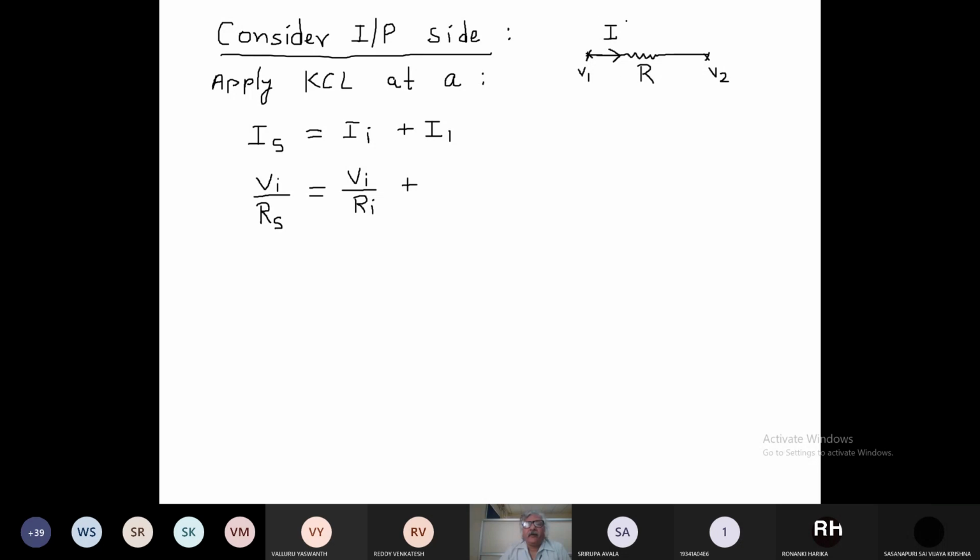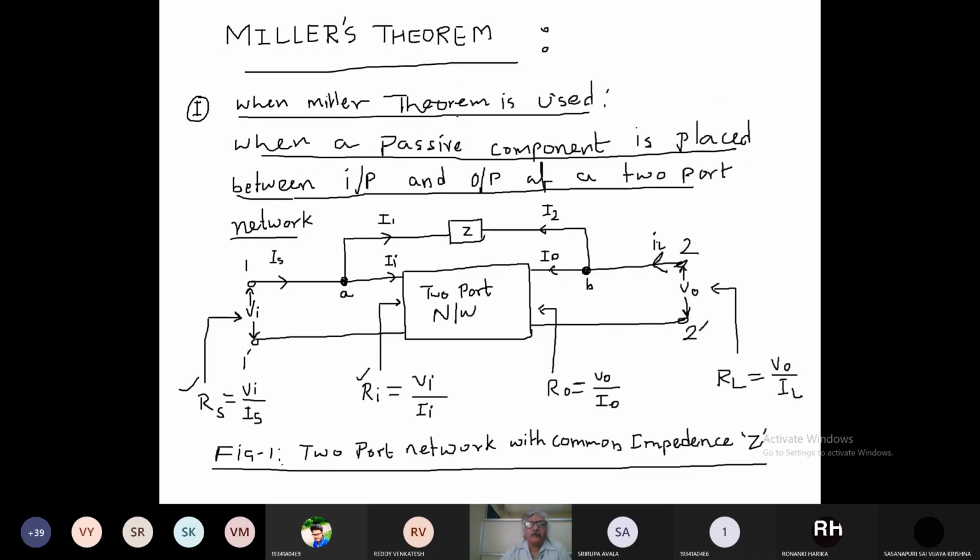How will we write the expression for I? Somebody can tell me. It will be V1 minus V2 by R. Now look at this I1. Z is a passive component. It can be a resistor.